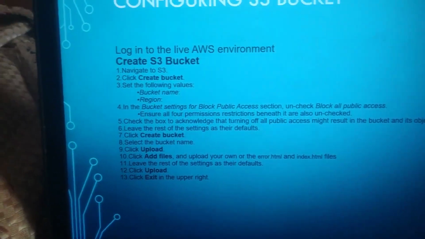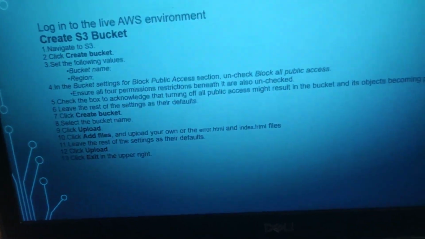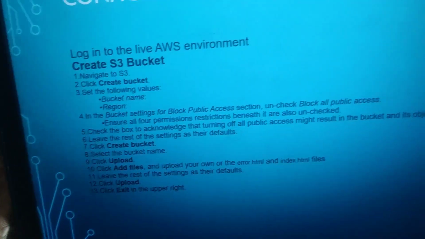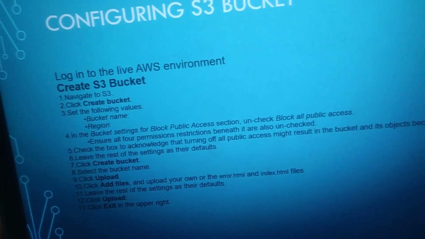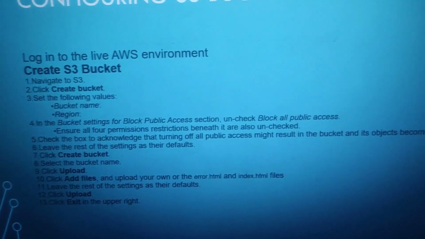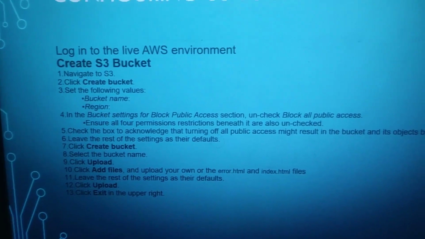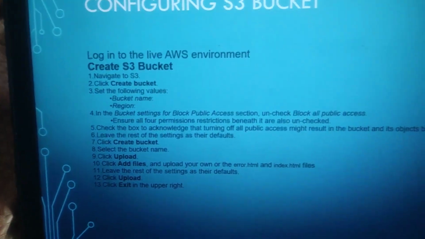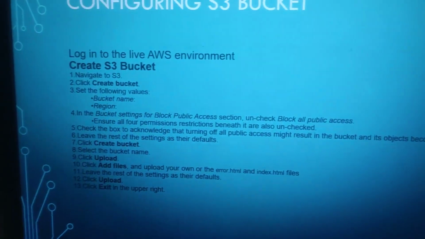In AWS, S3 is where you store this data. So you enter the console, and select the S3 service, which comes under storage. After that, you click create a bucket. You have to give the bucket name, which should be, as I told you, a globally unique name.